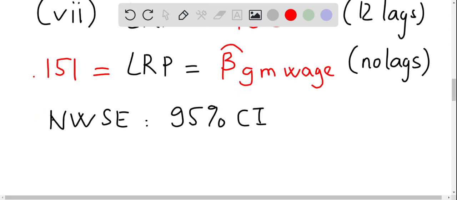So when we include the lags, LRP is about 30% larger.